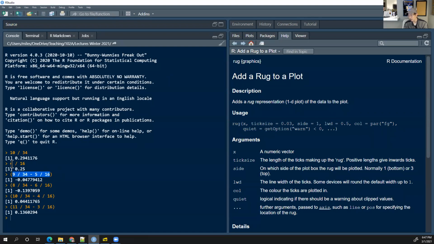If instead of 10 yawners in group A and 4 yawners in group B, we're assuming we have 14 people who yawn total, if I had 9 in group A and 5 in group B, I would get a difference of negative 0.047, which is greater in absolute value than 0.044. If I had 8 in group A and 6 in group B, that would result in a difference of negative 0.139. The difference of 10 in group A versus 4 in group B gives me a difference of 0.044.